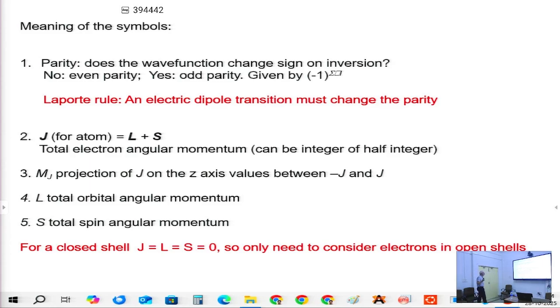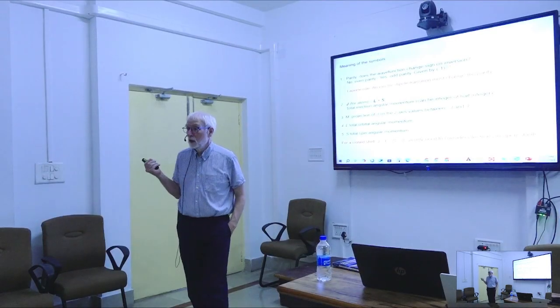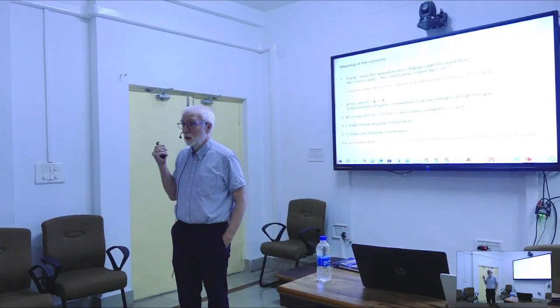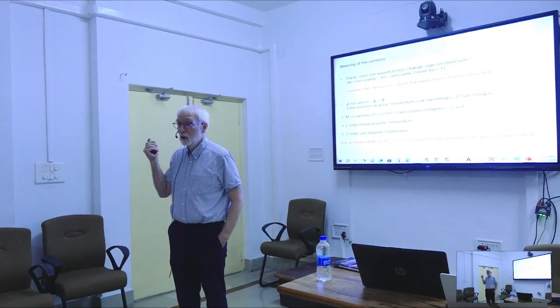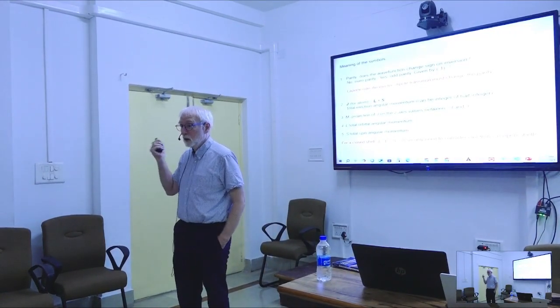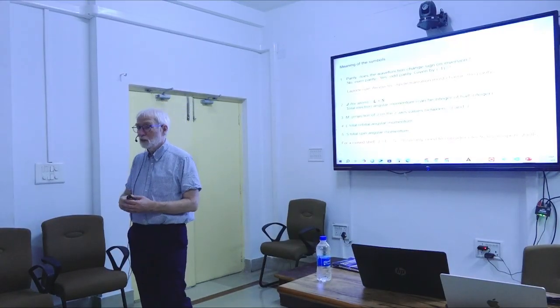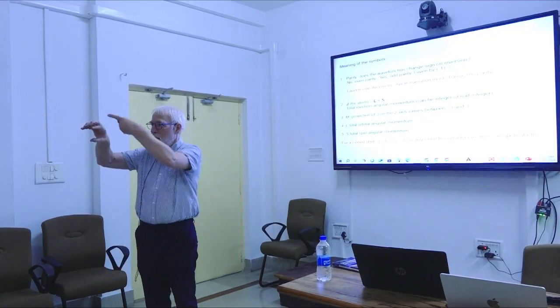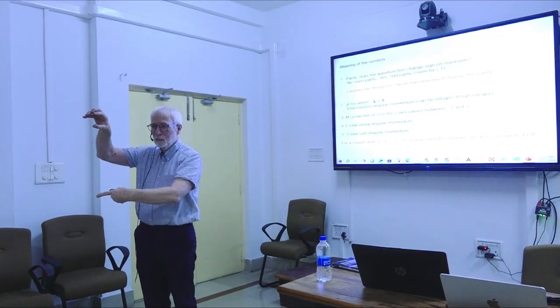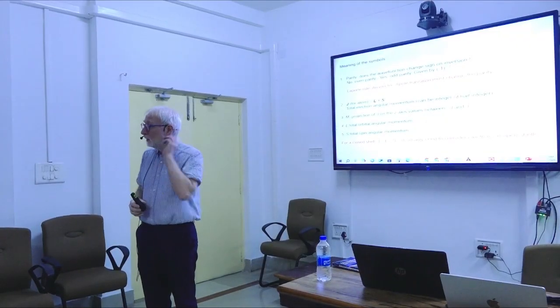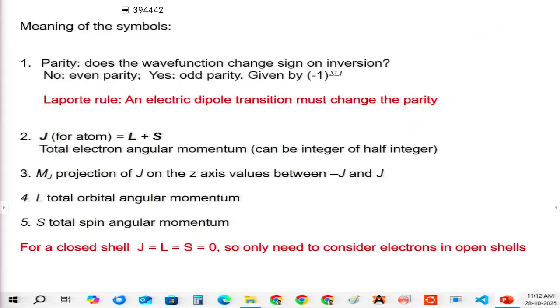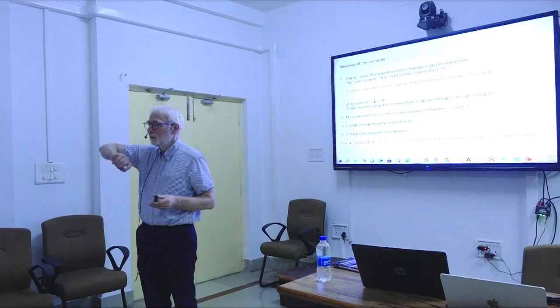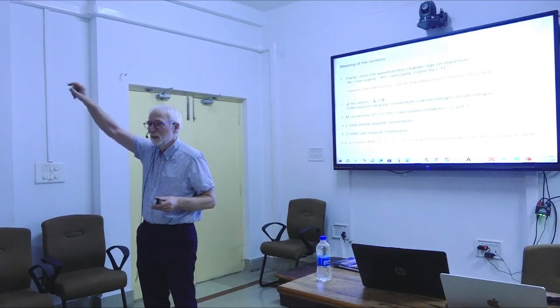So the parity is the single most important thing for determining whether you've got a dipole allowed transition. It's an absolutely rigorous rule that if you have a dipole transition, the parity of the state has to change. And the parity actually is obtained by, if you have your atom, you invert all the coordinates through the origin. Now, there's a much simpler way of doing that: if you do things in radial coordinates and angles, the radial coordinate is just a positive value.